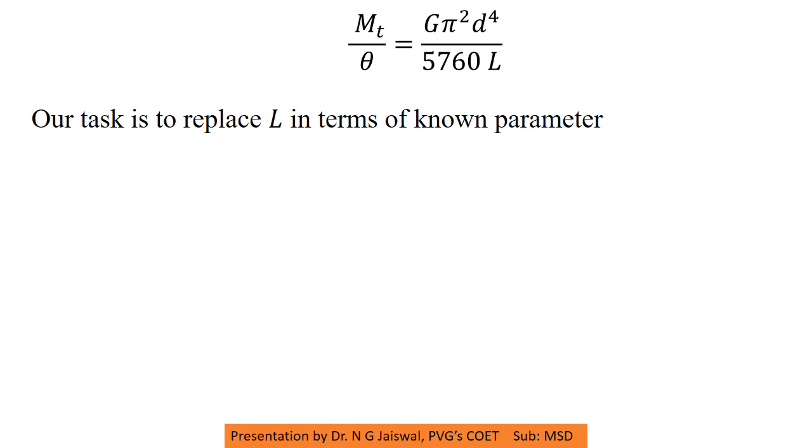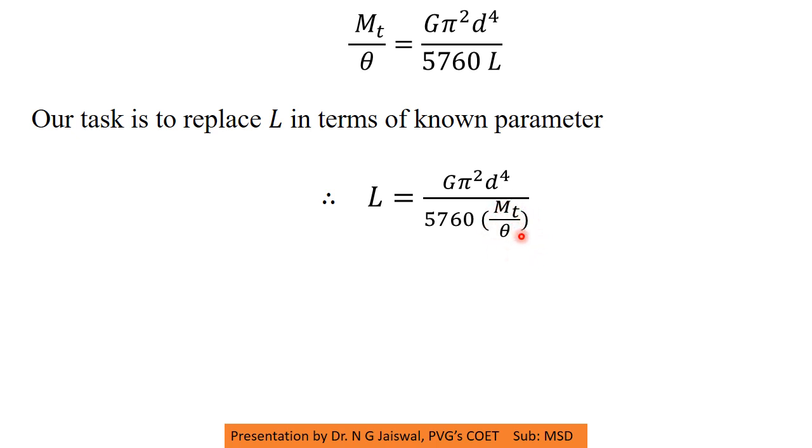Our task is to replace L in terms of known parameters. That's the basic task. So therefore L is equal to, from the same equation, L is equal to g pi square d raised to power 4 divided by 5760 mt by theta. Mt by theta I will keep as one parameter because it's a given parameter.